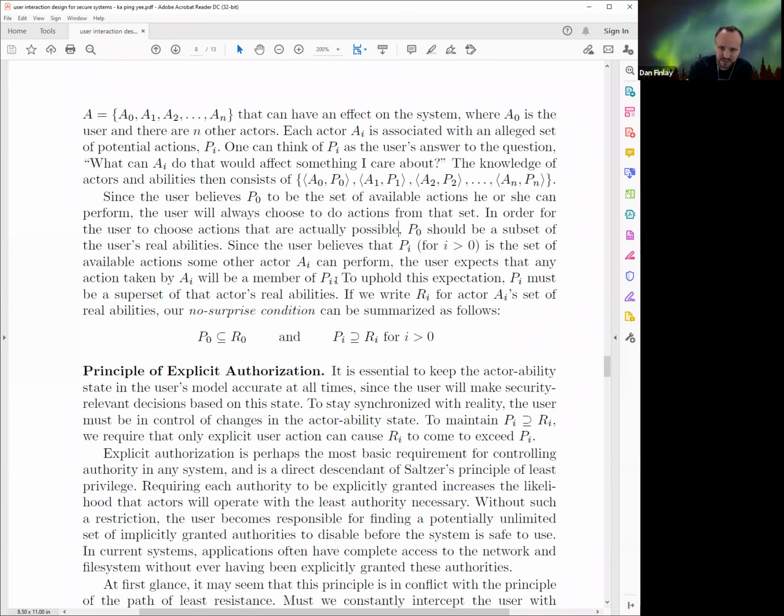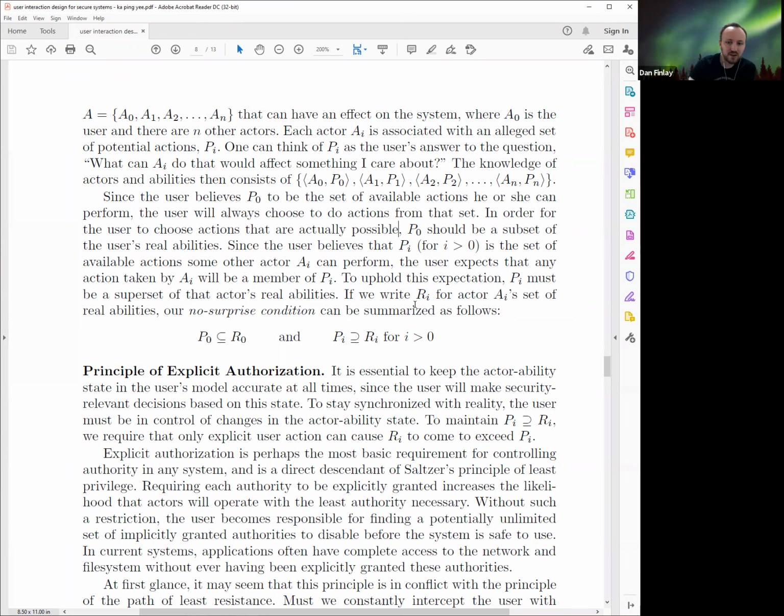To uphold this expectation, that alleged actor's possible actions must be a superset of that actor's real abilities. The other way, right? You need to have available to you a subset of what you can really do. And to predict other people's actions, you need to perceive a superset of what they can do, because you need to be prepared for more than what is possible. Prepare for the worst, plan for the best, as they say.